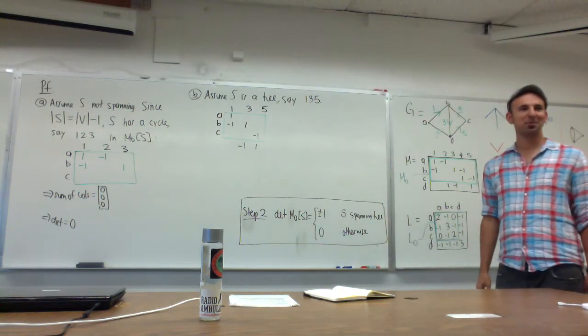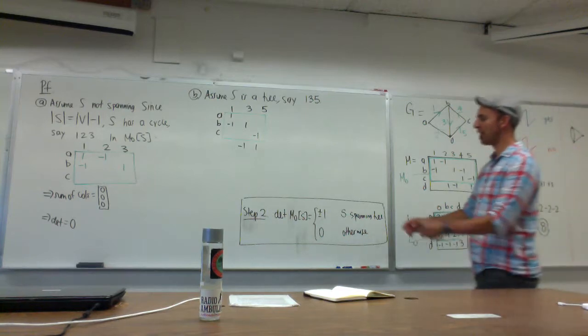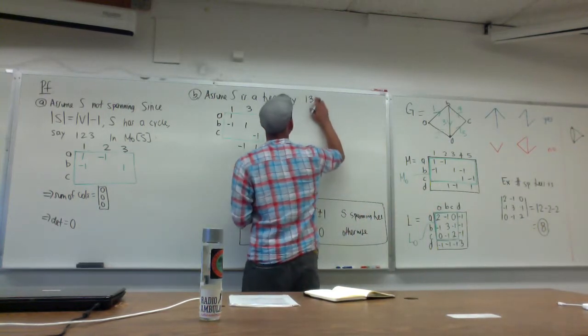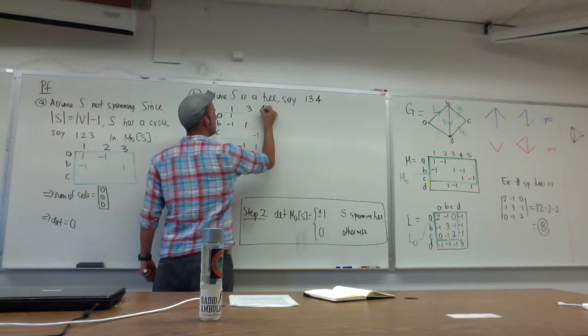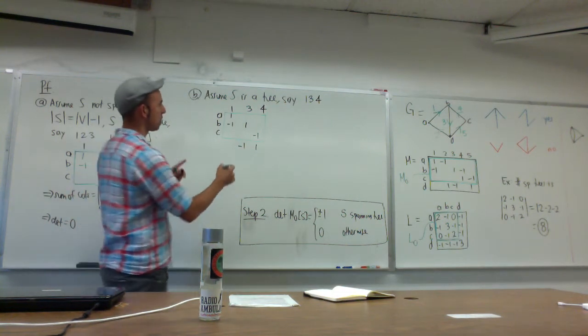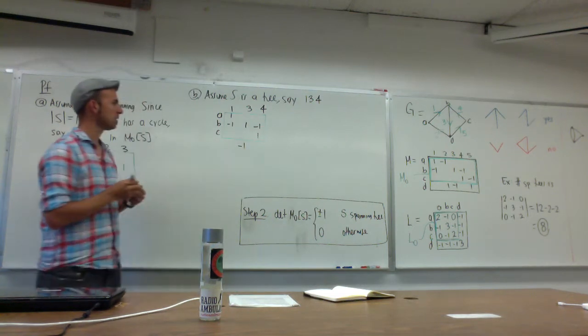So maybe we can pick a slightly harder example. Let me change 5 for 4 to make it a little bit harder. So if that's 4, then 4 goes from C to B. Okay.